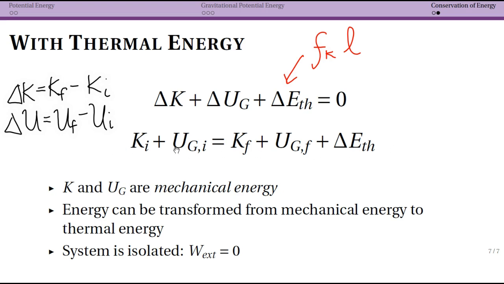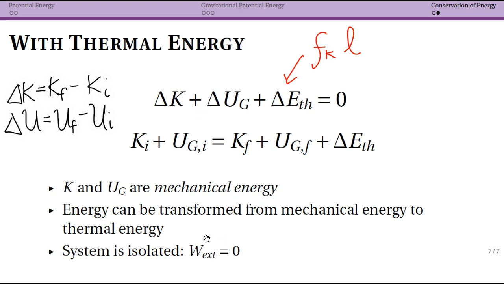So another way of writing this equation that I think is more helpful is that you have some kinetic energy initially in your system, some potential energy initially in your system, and then that becomes transformed in the end to a final kinetic energy, a final potential energy, and a change in thermal energy. So your thermal energy goes on your final side. And again, this is always going to be positive when it's written in this way. So be careful that you don't make this negative. You can't turn thermal energy into mechanical energy.